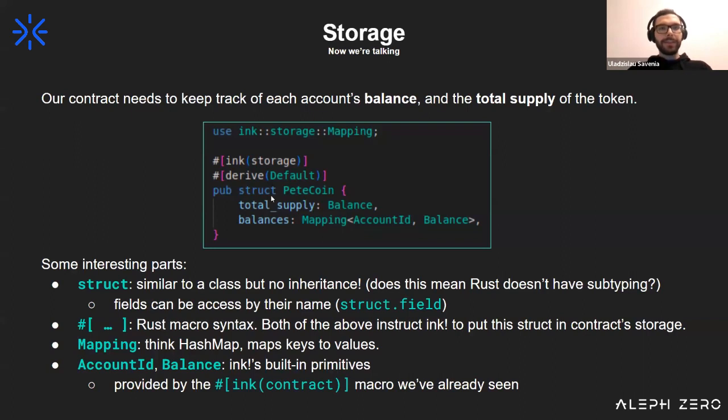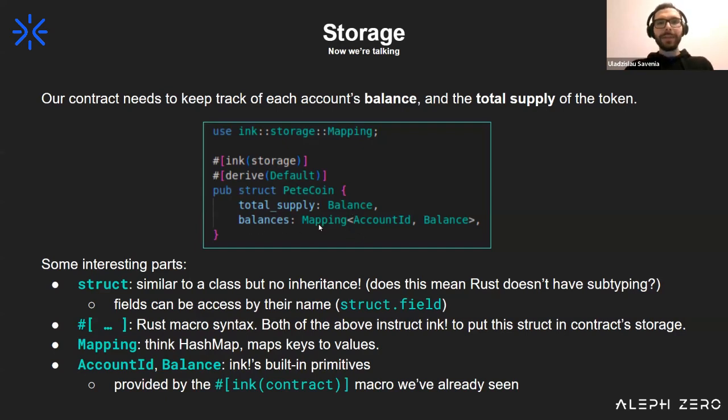Yep, and struct is your general struct thing, something like classes or however else other programming languages define it. So here we have basically total supply defined as balance, which is ink specific value. I think it's just assigned u128, but covered as balance for more readability.